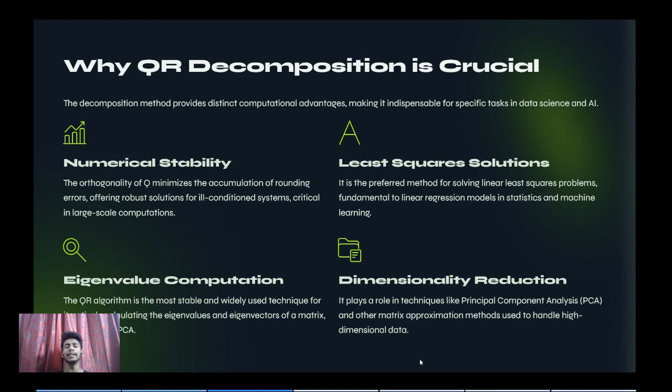Next comes least squares solutions. It is the preferred method for solving linear least squares problems, fundamental to linear regression models in statistics and machine learning. Next, eigenvalue computation. The QR algorithm is the most stable and widely used technique for iteratively calculating the eigenvalues and eigenvectors of a matrix, a core task in PCA.